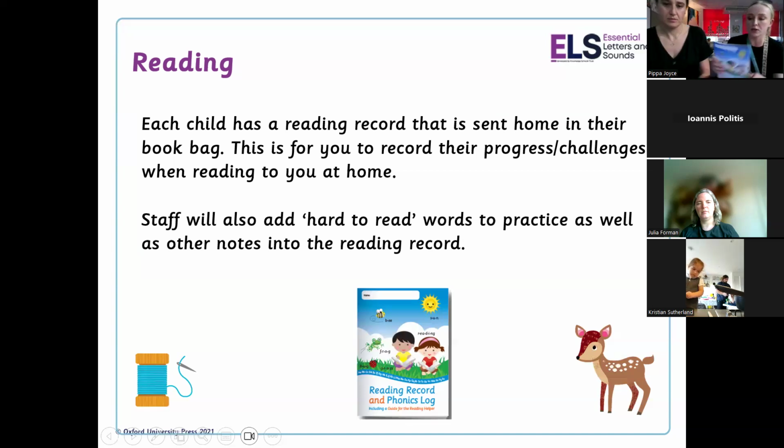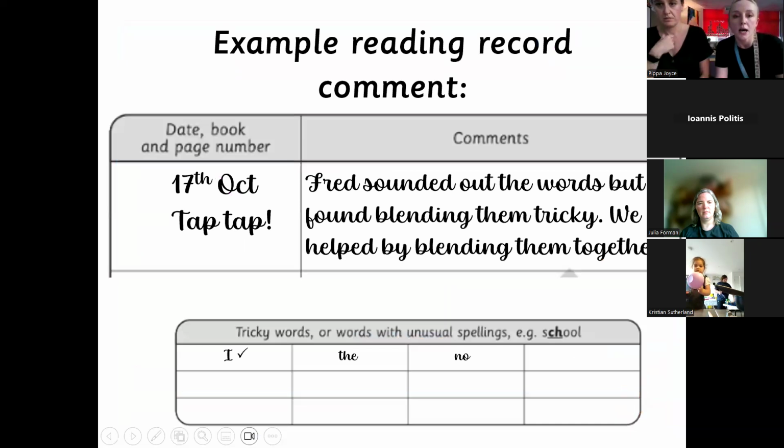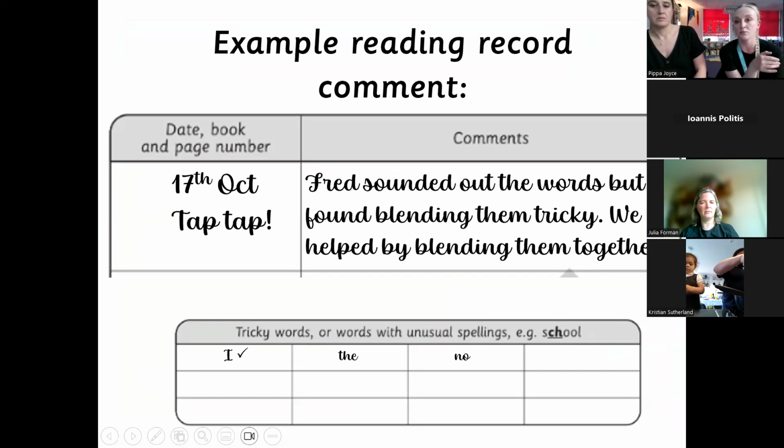And then at the bottom, you'll have seen, there's something called tricky words, which is what other schemes call it, but we call it harder to read and spell words. And we will write in the ones that we've taught them this week. So last week it was put, of, is, and this week it's into, to, and go.